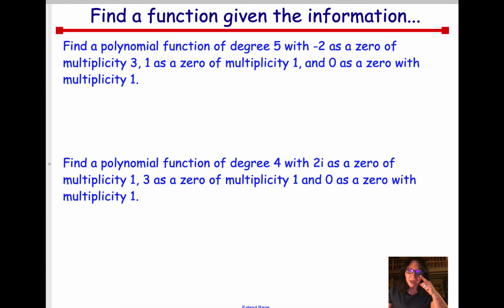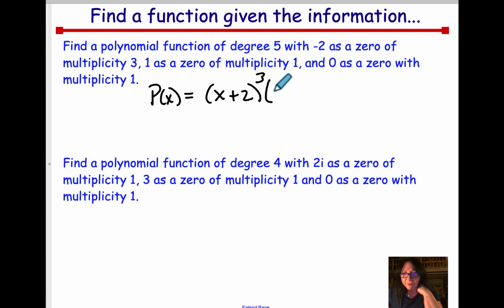Next, finding the function that has a degree of 5. So we've got a polynomial P of x, and it says a degree of 5. Negative 2 is a zero, so you have x plus 2, and the multiplicity is 3. 1 is a zero with multiplicity of 1, so that'll be x minus 1 to the 1 power. 0 has a multiplicity of 1.